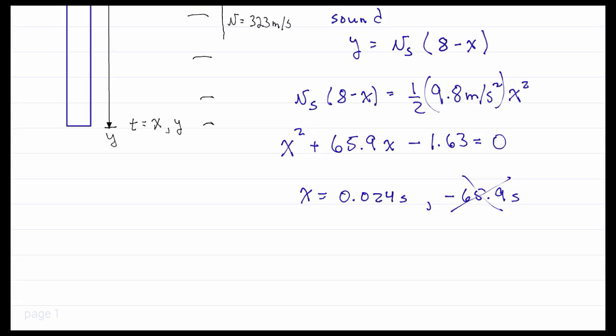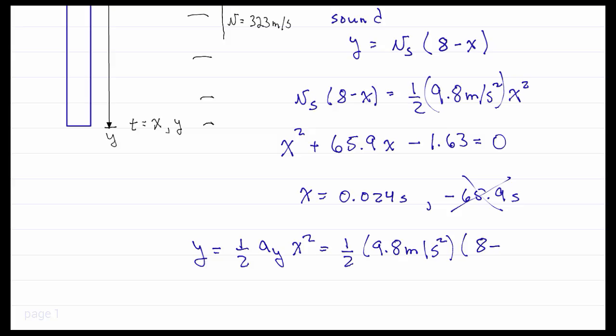So recall that y is equal to 1/2 times the acceleration in the y direction times the time x squared. And we just plug in our numbers, 1/2 times 9.8 meters per second squared times (8 minus 0.024) squared.